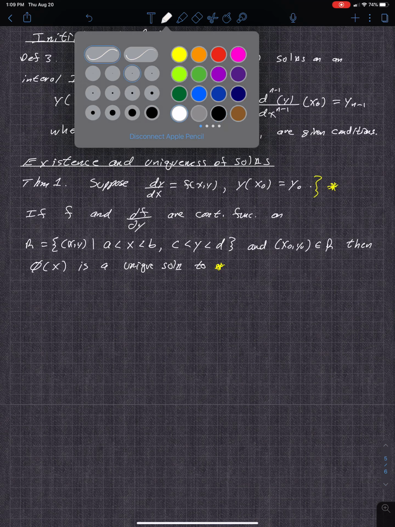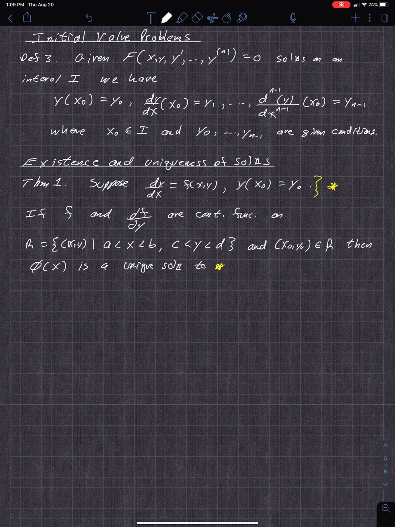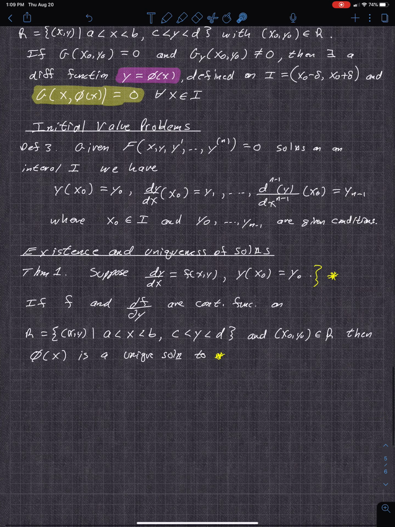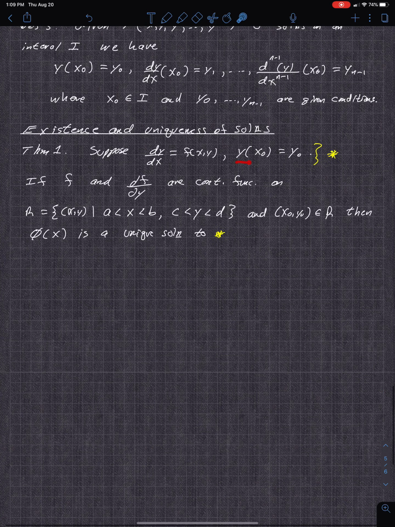So given that initial condition, that's the initial condition, you get that it's a unique solution to the equation itself for x in I, and I is that open interval (x₀ - δ, x₀ + δ). And of course, delta is usually considered a small positive number.